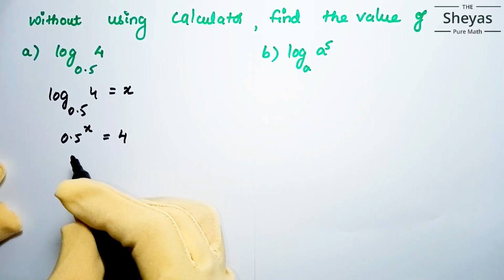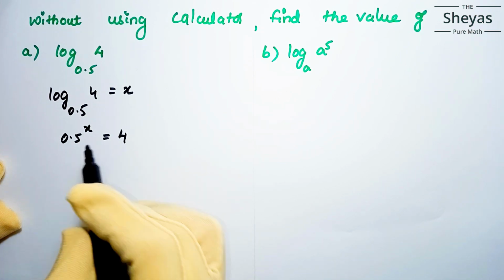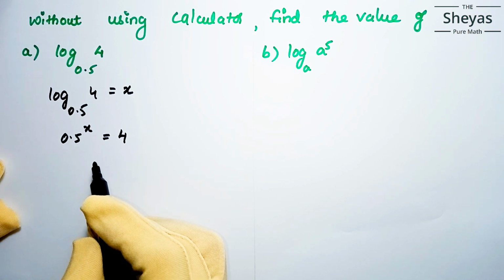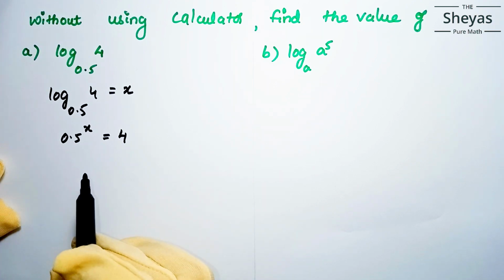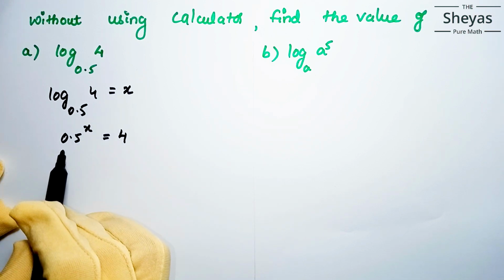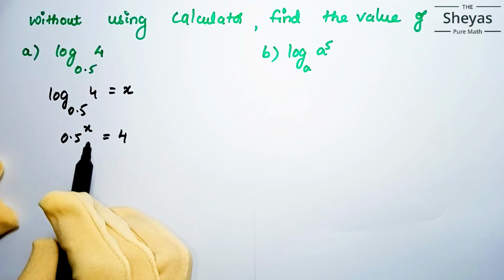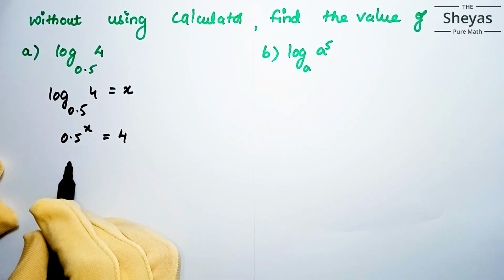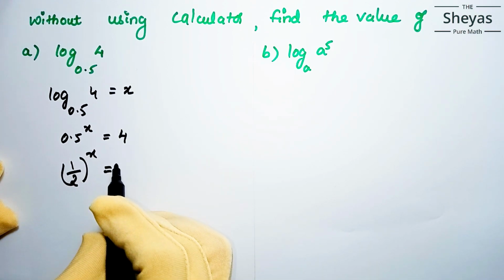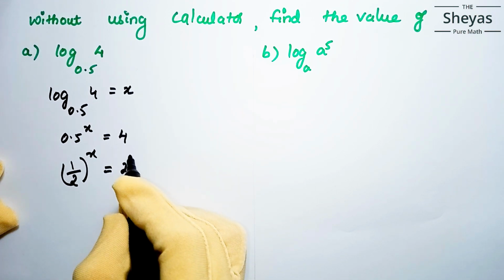See here, if a decimal value occurs, then you convert that decimal to a whole number to calculate more easily. So I can write this as 1 by 2 the whole power x, and this 4, you want the same base, so I can write it as 2 power 2.